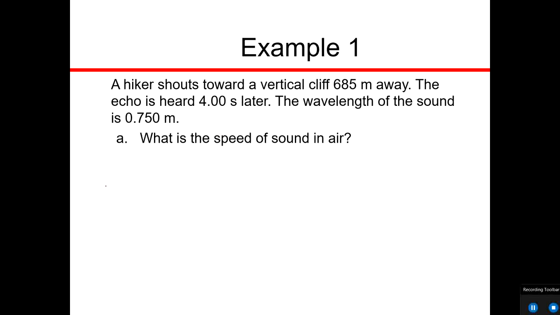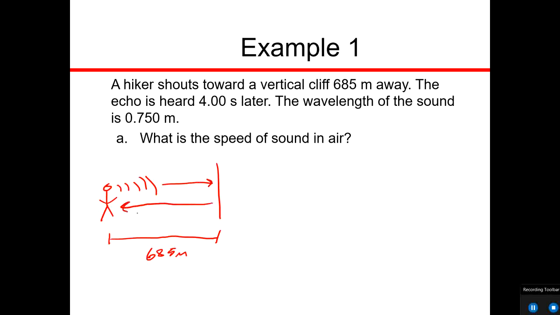So in this case, let's just draw a quick sketch of what's happening. So we have someone who's yelling. Okay, here comes their sound waves coming out of the person, and we have our cliff face, which is 685 meters away. Okay, so the sound travels out, hits the cliff, and bounces back to the person, and they hear that echo.